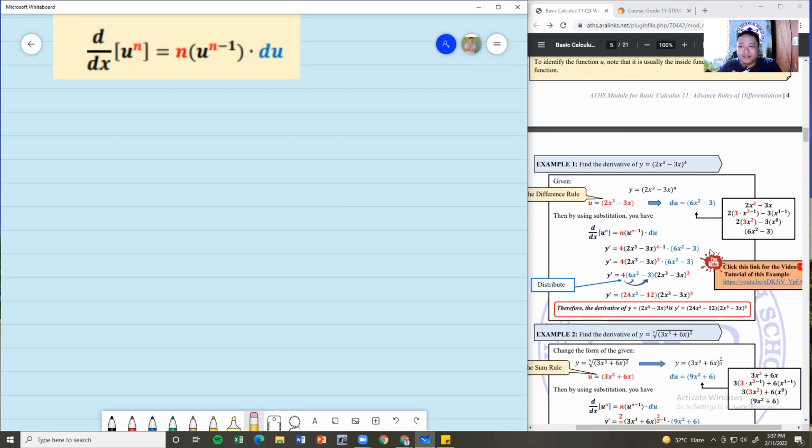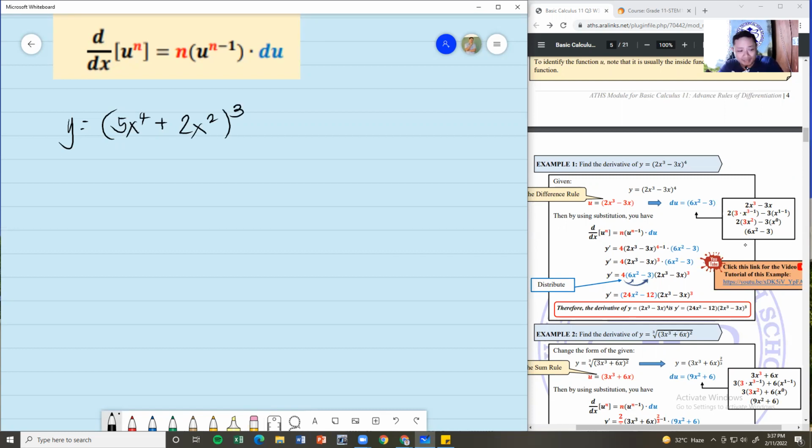Okay, let's have this. Of course, I will not use this. But better have another example para may multiple examples kayo. Let's have this. Let's try y is equal to the quantity of 5x raised to 4 plus 2x squared raised to 3, for example.